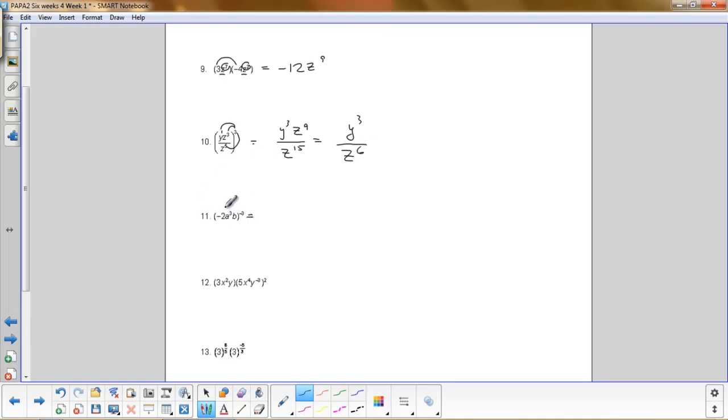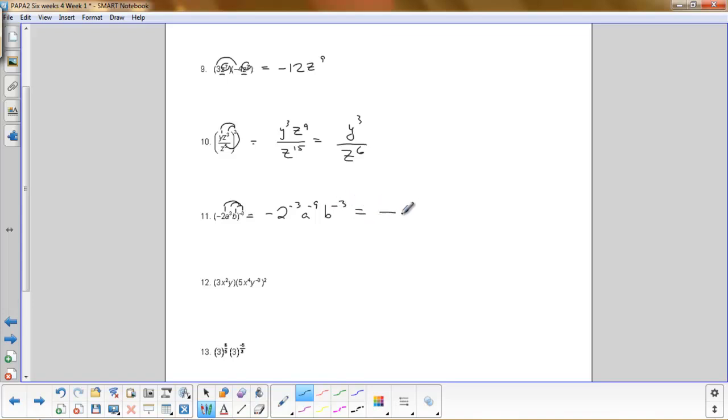Here, remember, you've got to write in your ones on the 2 and the b so that you know you've distributed to all three appropriately. Negative 2 to the negative 3 power, a to the negative 9 power, b to the negative 3 power.